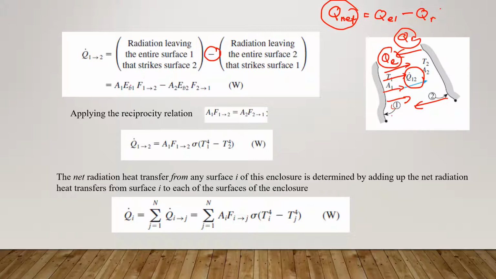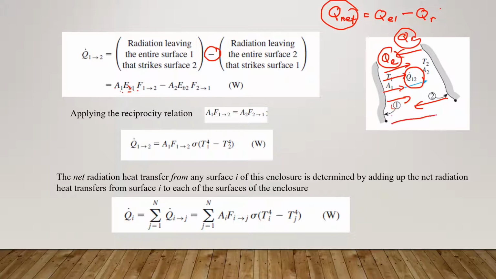From here we know that the radiation leaving the entire surface 1 that strikes surface 2 is A1 EB1, so E black body 1, times F1 to 2, because we have to use the view factor from 1 to 2.